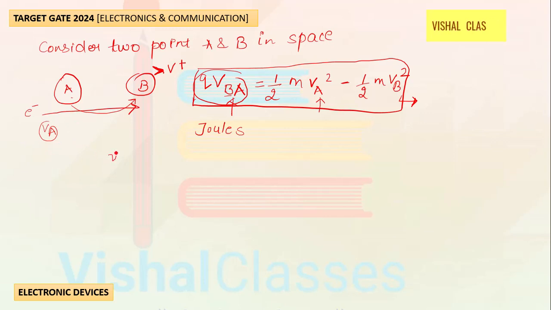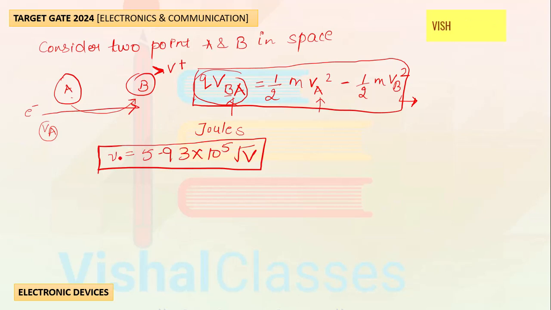Then, for an electron starting at rest, the velocity is given as 5.93 into 10 raised to power 5 times the square root of the potential.